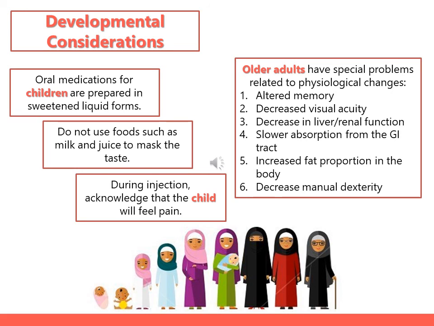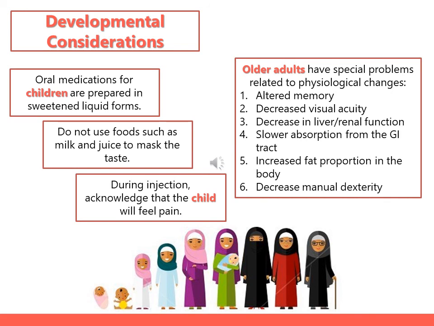For example, altered memory. Okay, what else? Decreased visual acuity. There are some medications that would affect visual acuity. And remember, your patients will already have a problem with this. Okay? Or the patients might not be able to accurately take the right amount or number of medication because the patient's visual acuity is a problem.